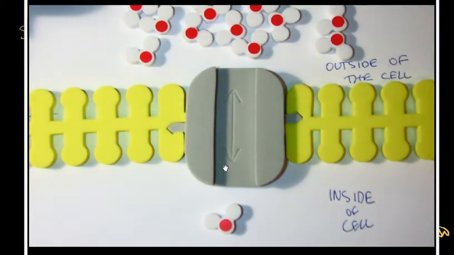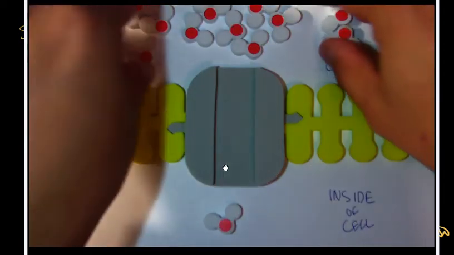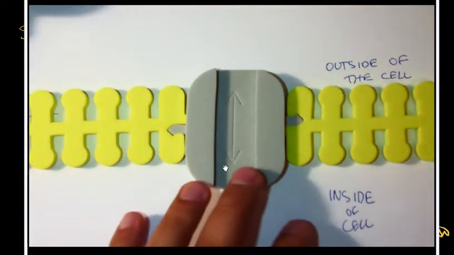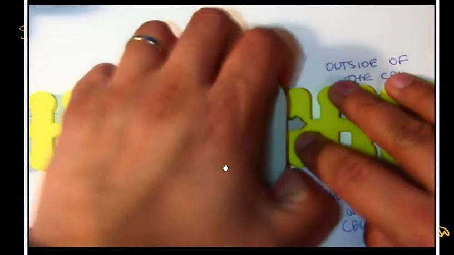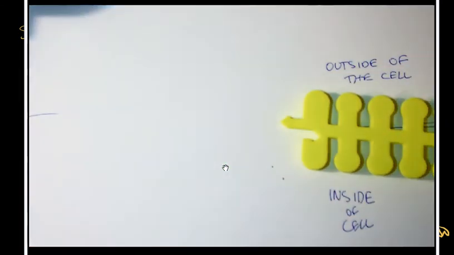Let me talk very quickly about other types of facilitated diffusion, especially for things that are much bigger than water. So I'm going to remove my water molecules from my screen here. I'm also going to remove this aquaporin as best as I can without breaking my model. I think it's stuck on a sticker.